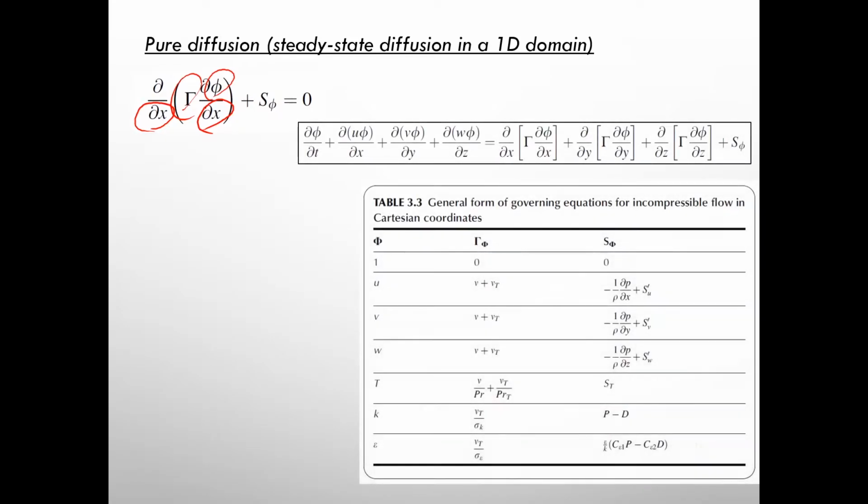Okay, how do we get this pure diffusion equation? Actually, it comes from the full transport equation. This is a result of having a steady state, and so these are all our advection terms, and these all are the diffusion.